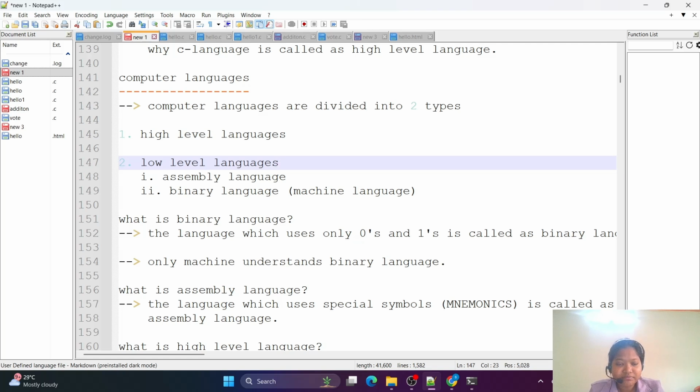Then if we talk about the disadvantages, developing a new program is really a difficult task. If there are some errors or issues, we can't resolve them very quickly. So these are the disadvantages.